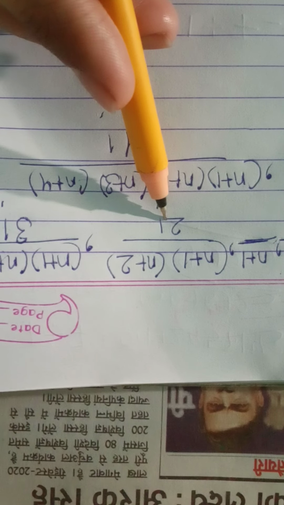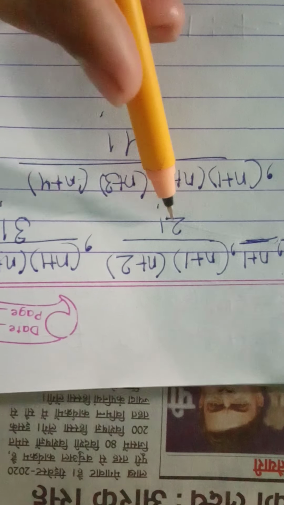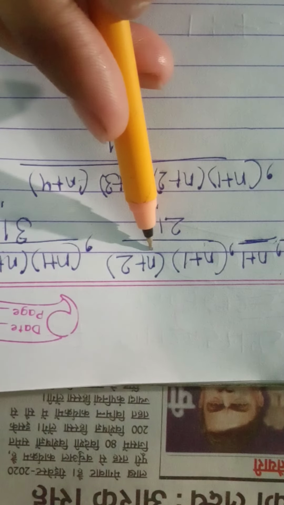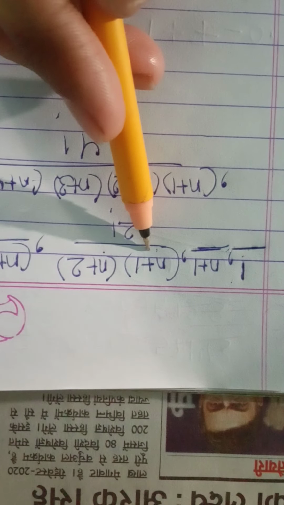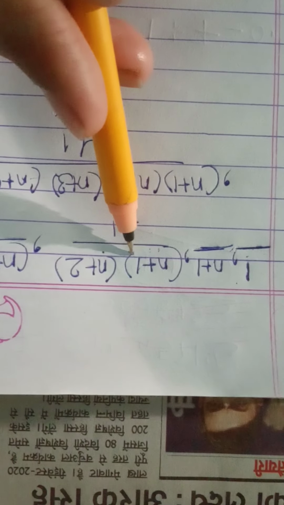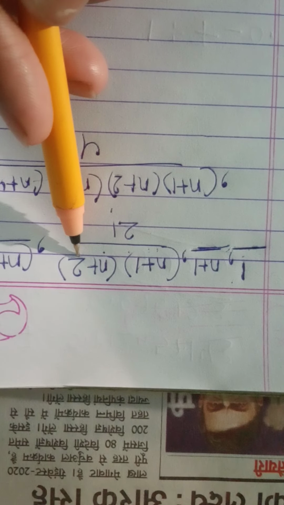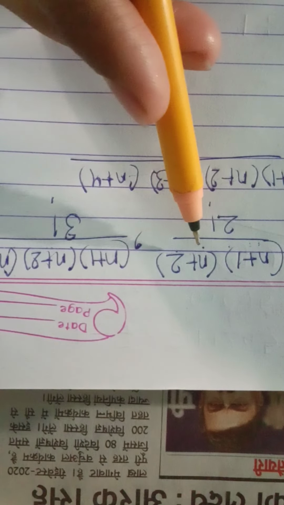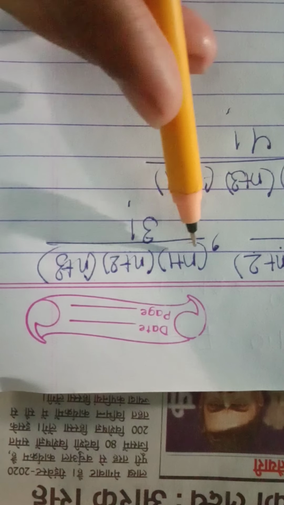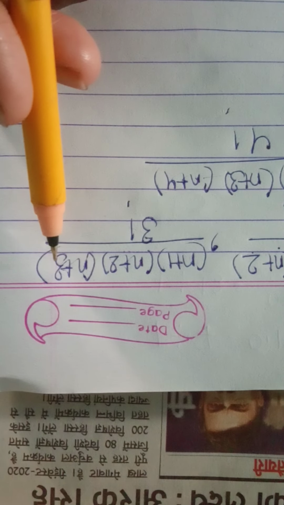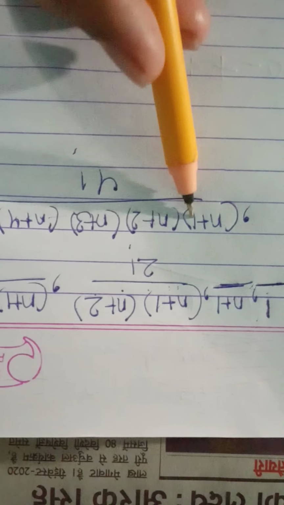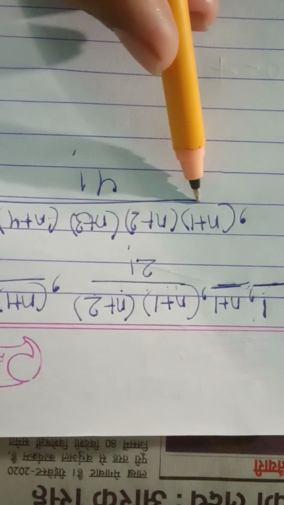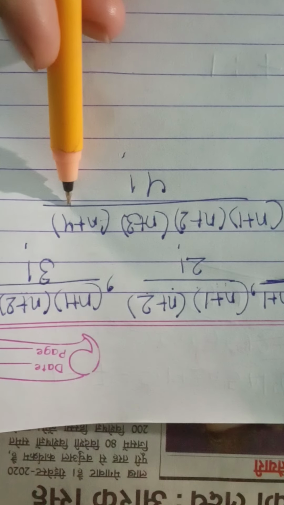It means for every expansion one more factor is added. For 3 digit expansion n plus 1 goes to n plus 2, for 4 digit expansion it completes after n plus 3, and for 5 digit expansion it completes after n plus 4.